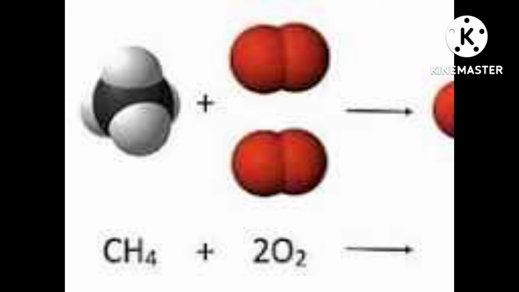From that example you can understand all things. Maybe the reaction is different, but the concept will be the same. As an example, CH4 plus 2O2 gives CO2 plus 2H2O, the balanced reaction already written. Suppose CH4 is 16 gram.